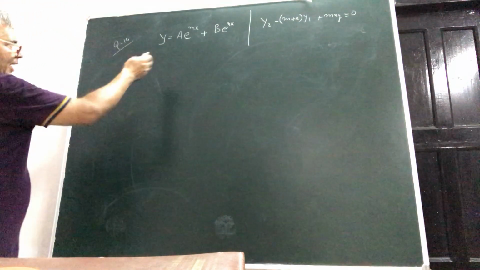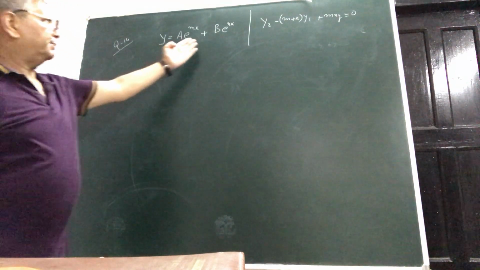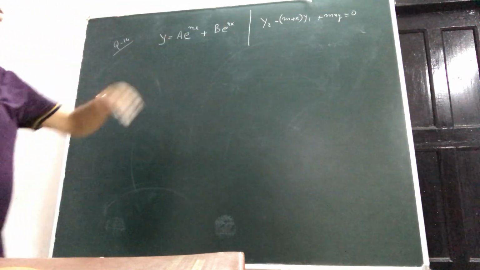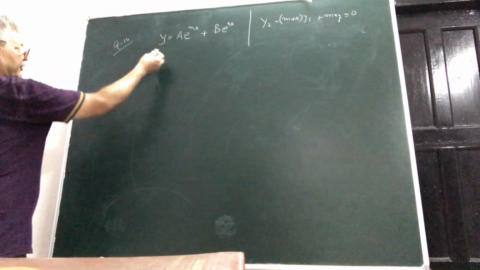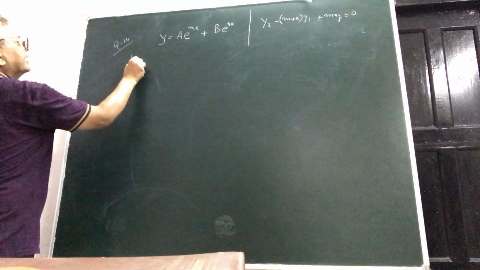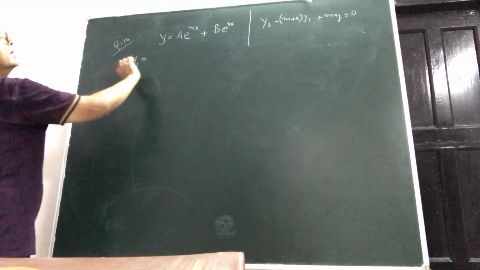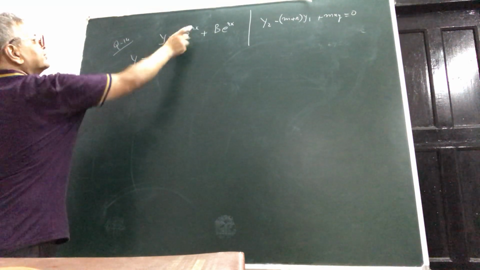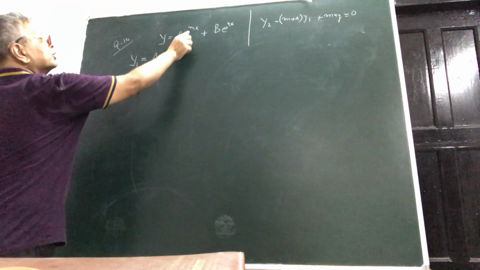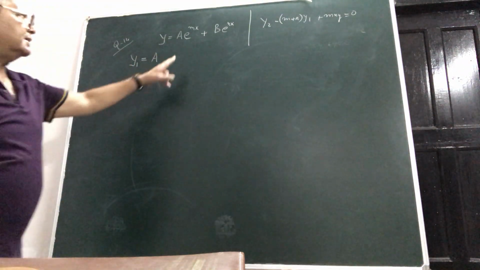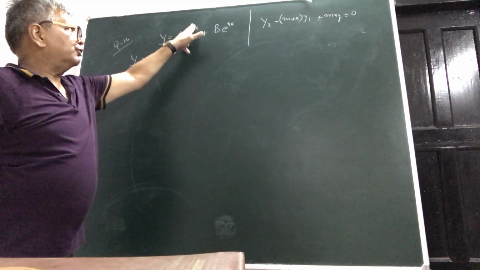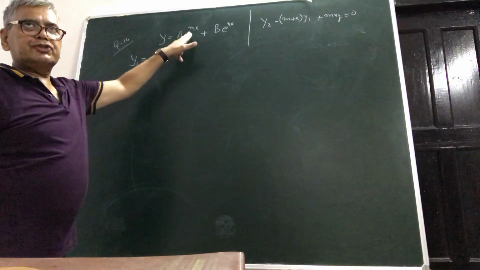Now this question: y is equal to a e to the power mx plus b e to the power nx. You have to show this thing is equal to 0. So differentiating, y1 will be equal to what? Please see, a is a constant, e raised to power mx. You know that the derivative of e to the power x is e to the power x. Now mx you will put t, so e raised to power t.